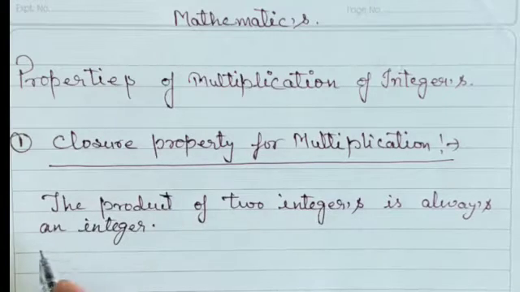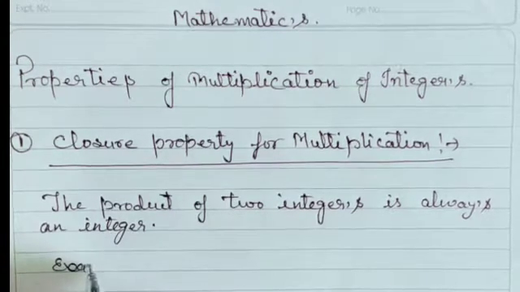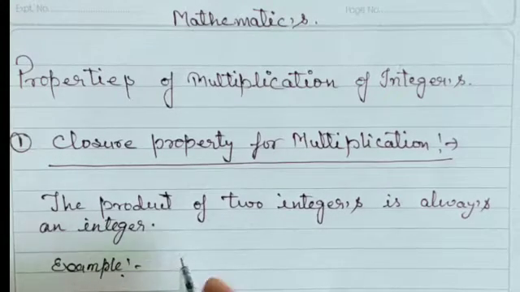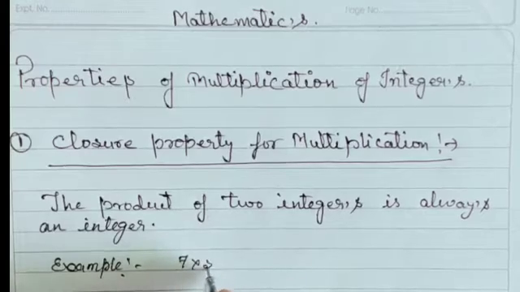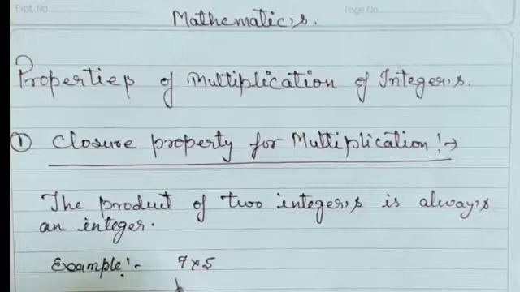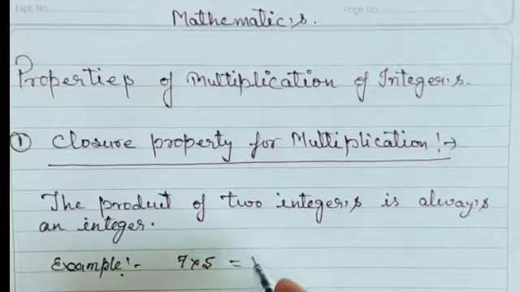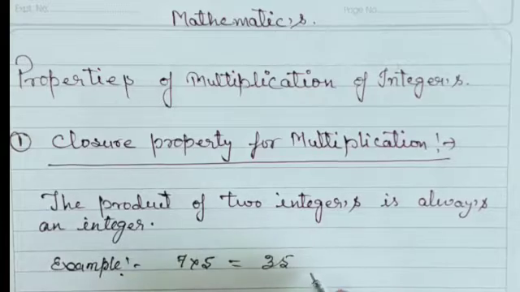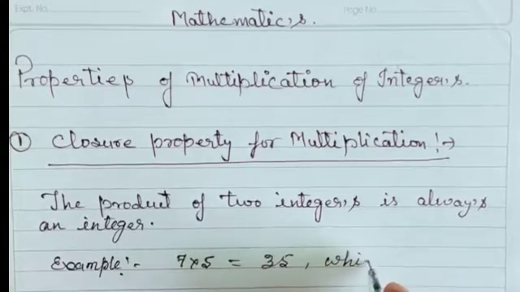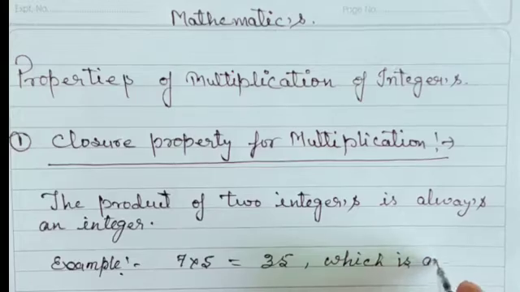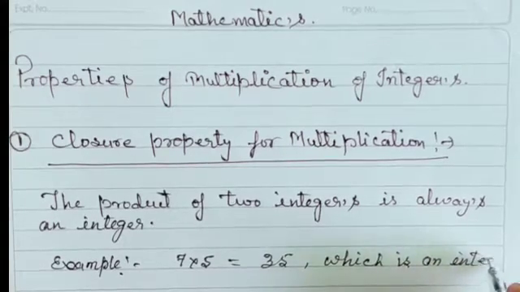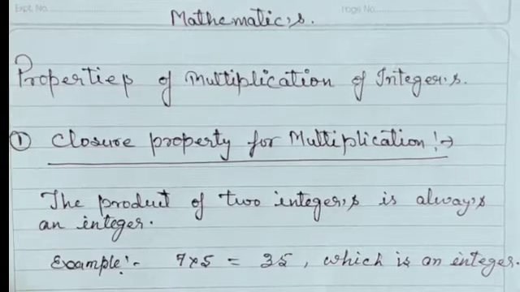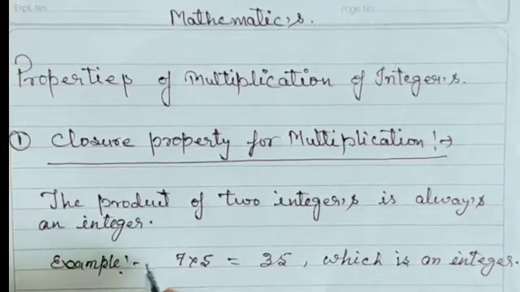Okay, we will check an example. Suppose that we have 7 into 5. What will be equal? It will equal 35, and this is an integer. We can check another example also.